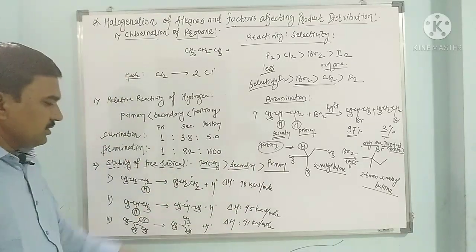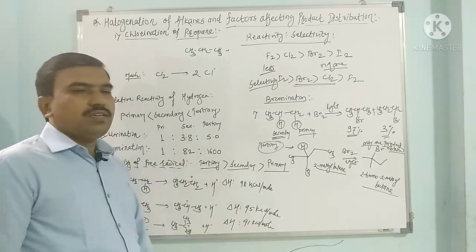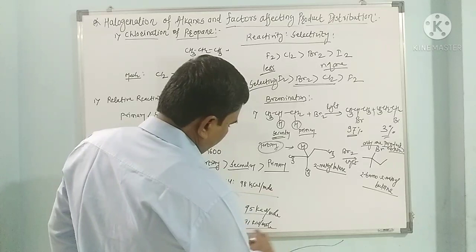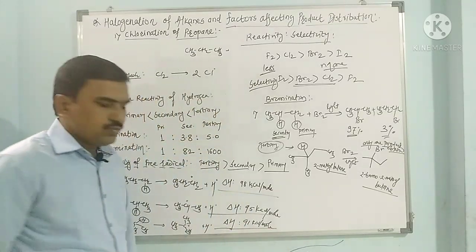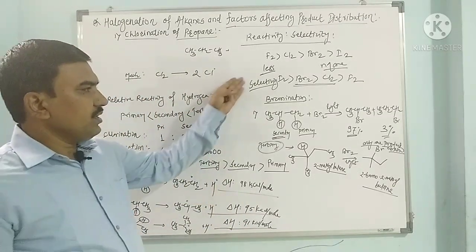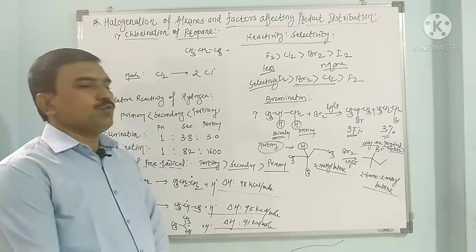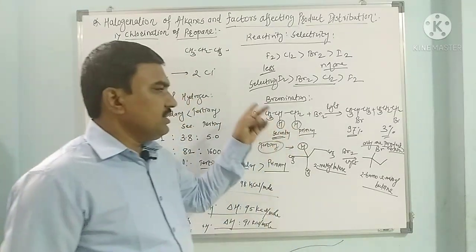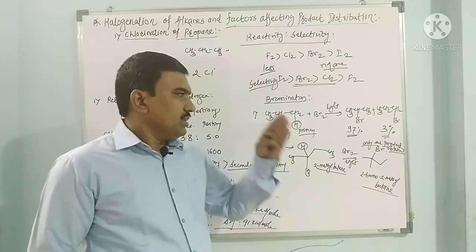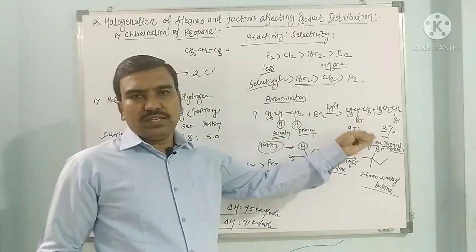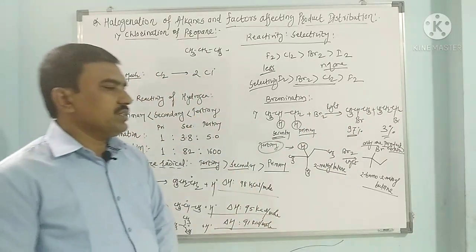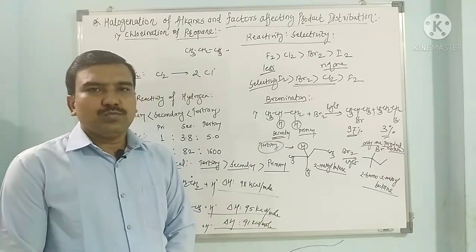We can again justify this using the enthalpy of reaction during the loss of a hydrogen radical. Next, in bromination we got tremendous selectivity for the tertiary proton, and also for the secondary over the primary proton. So in this way we have seen chlorination and bromination reactions.